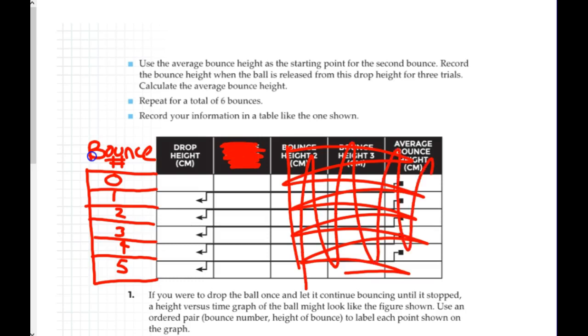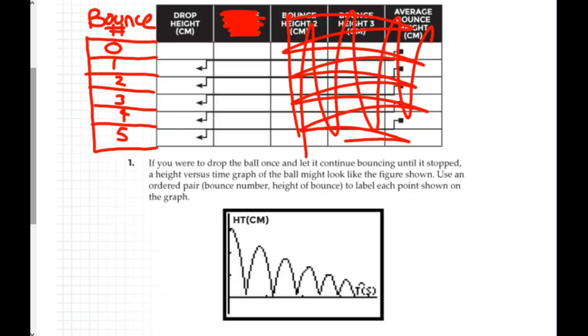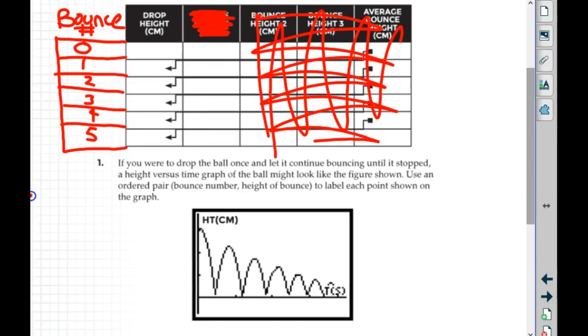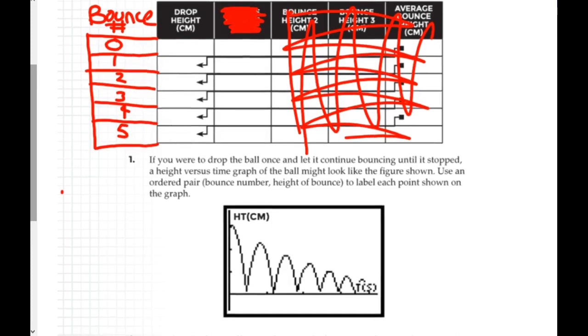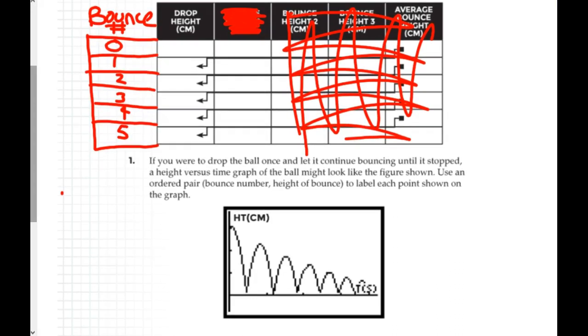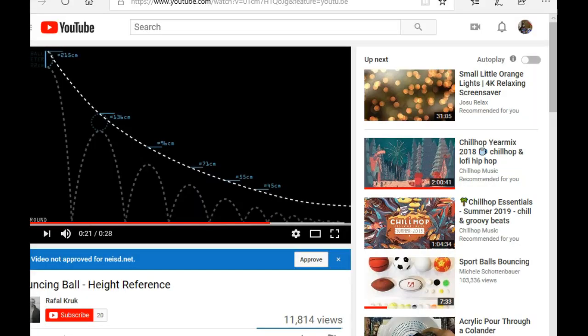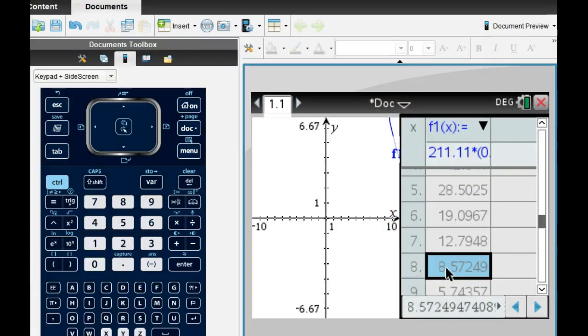Okay. So I'm going to use the information from that video we just watched. Now you can kind of barely see it, but this first one was 215. Let's write that down.